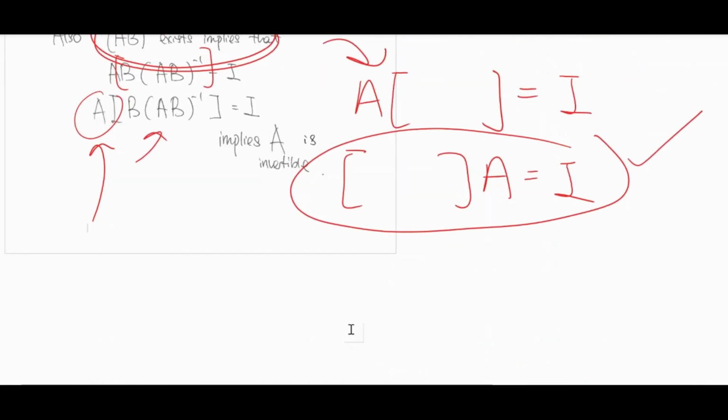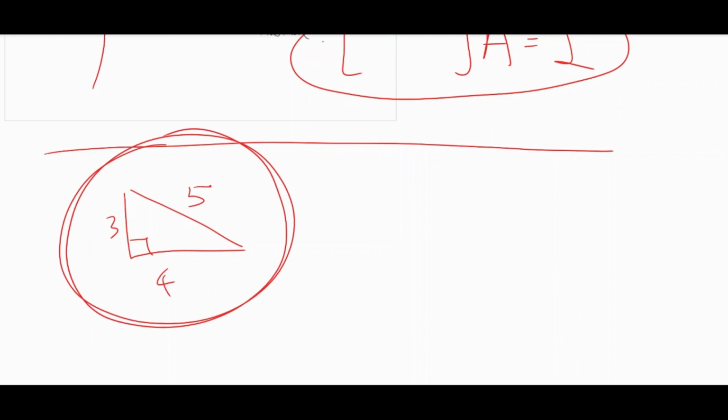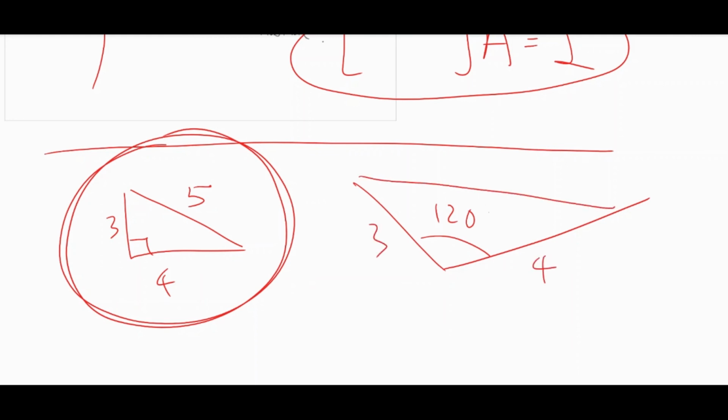A very simple example is the Pythagorean theorem, right? It says that if you have a right triangle with sides 3 and 4, then you have a 5, right? But the hypothesis for the Pythagorean theorem is that you must deal with a right triangle. If you do not have a right triangle, say you have a 120 degree angle right here, and then you have a 3 and a 4, you can't say this is 5. This is not true anymore.